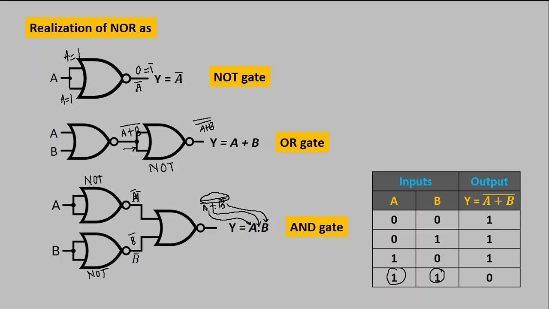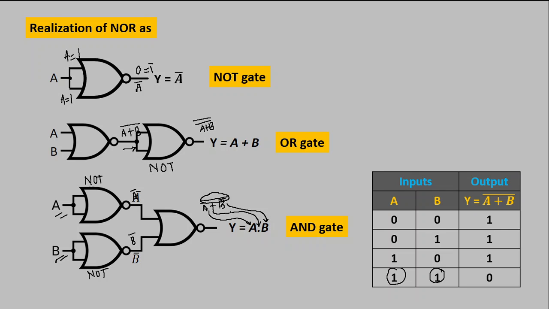So therefore the output will be A dot B, and therefore this works as an AND gate. So these two inputs given at this combination, which is a combination of different NOR gates, the output will be A dot B. So this is the working of NOR gate as an AND gate.